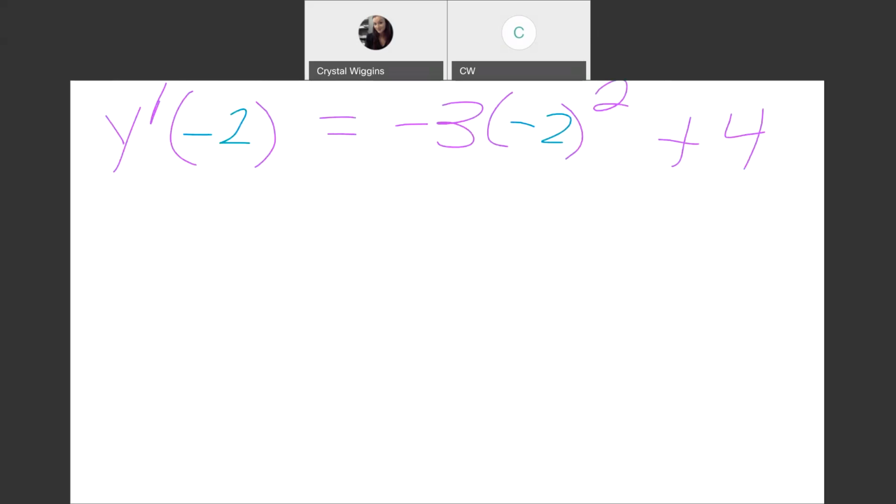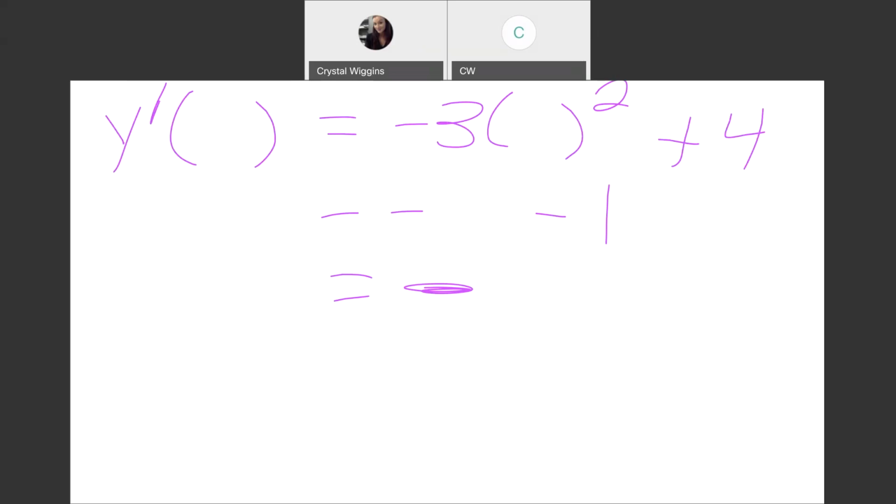Again, we're not looking for what the value is, we're looking for the sign. So -2 squared is +4. A +4 times -3 is -12, plus 4 is going to come out to be negative. So I'm going to mark to the left of negative square root of 4/3 a negative derivative, indicating a decreasing function.